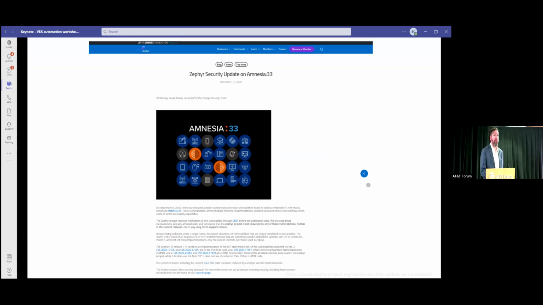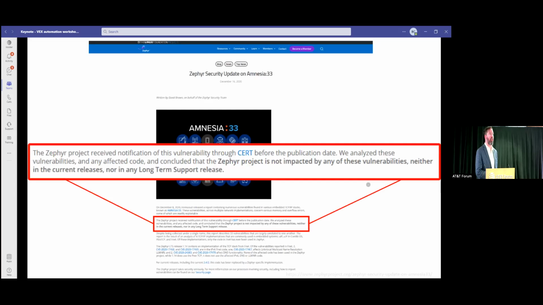So lots of IoT devices were affected, but more importantly, a whole bunch weren't. And organizations, for example Zephyr, which is an open source RTOS, said, hey, we needed to communicate to our customers that we're not affected, and our users were not affected.